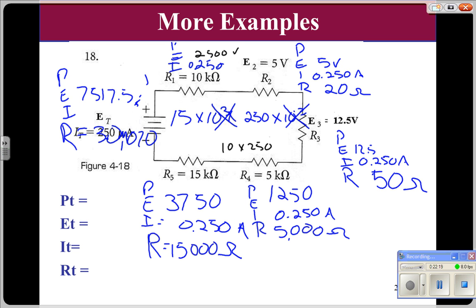Okay, well, let's do the pure functional magic check first. Clear your calculators, and now we're going to do the hard part. We're going to do some addition. Okay? 3,750 plus 1,250. You know what? We didn't work one out. Yeah, we did. 12.5. And 2,500.